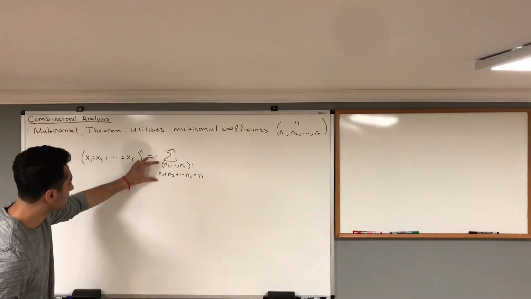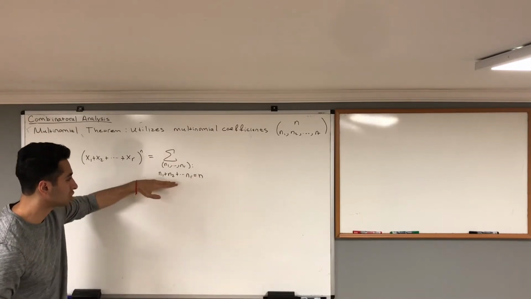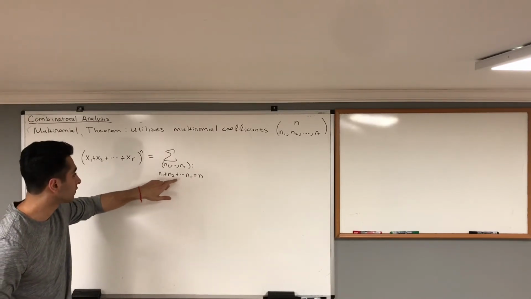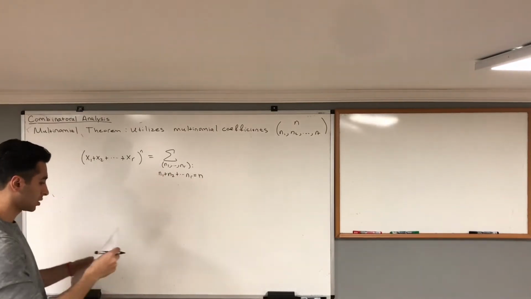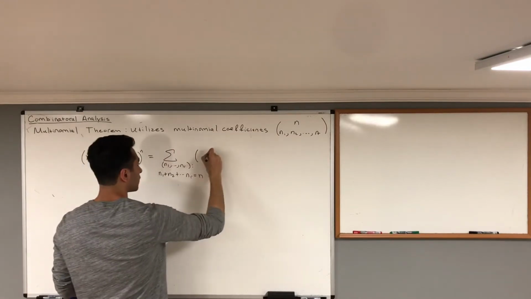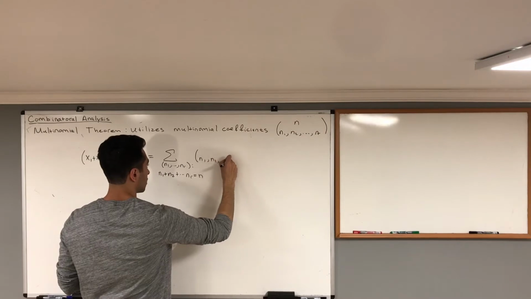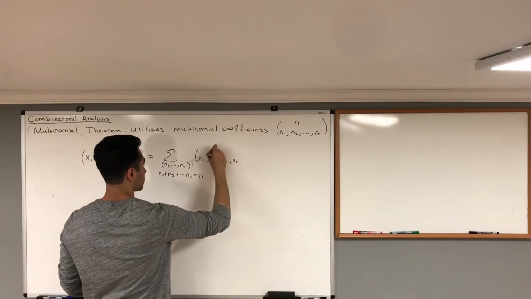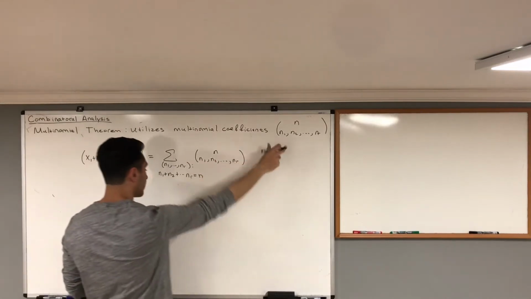These have to equal n. So what is this saying? The sum is over all the lists that are possible, such that the sum of each individual number in the list has to equal n. And you're taking the sum of n1 comma n2 comma nr and choose all of that. So that is your multinomial coefficient right there.